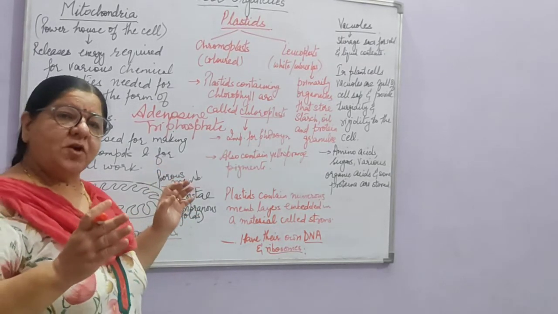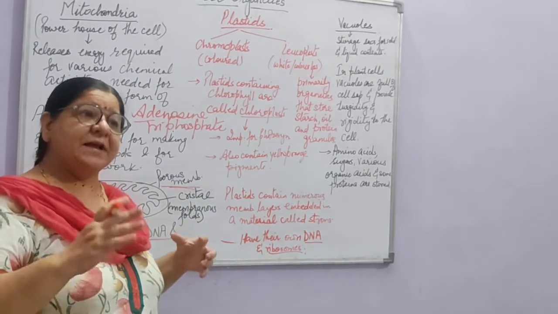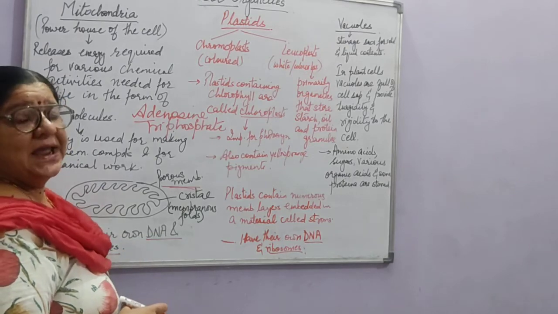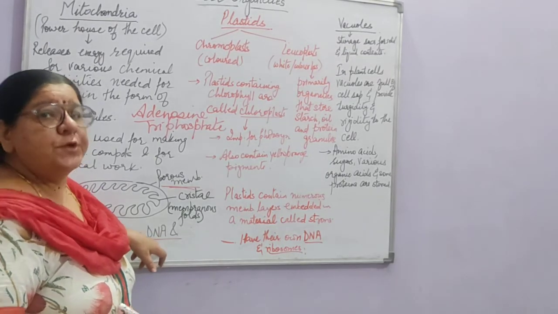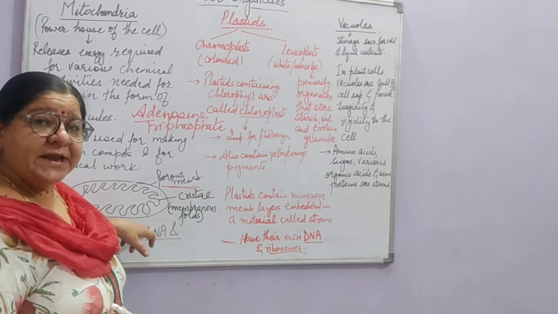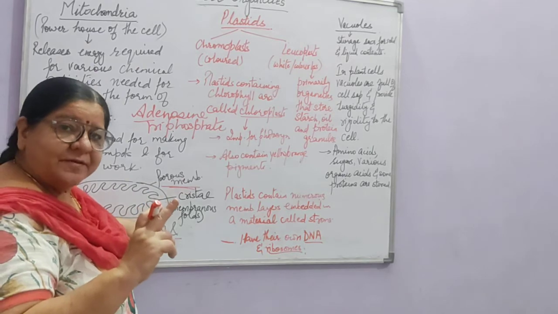Now this mitochondria is said to be a strange organelle. Why? Because it has its own DNA and ribosomes. You learned about DNA, deoxyribonucleic acid, when we were doing the nucleus, right?